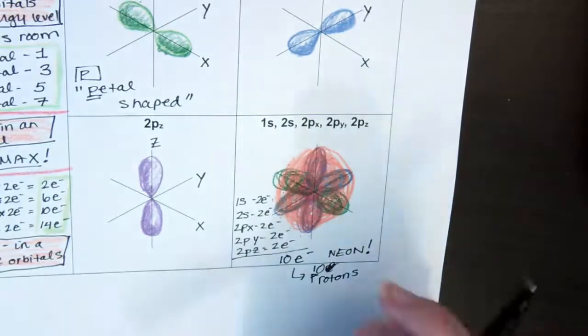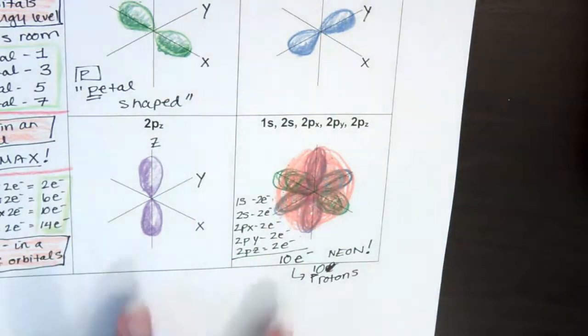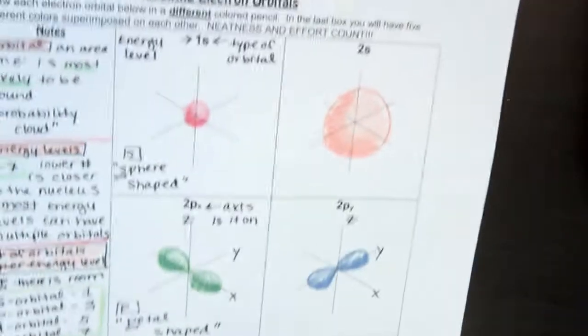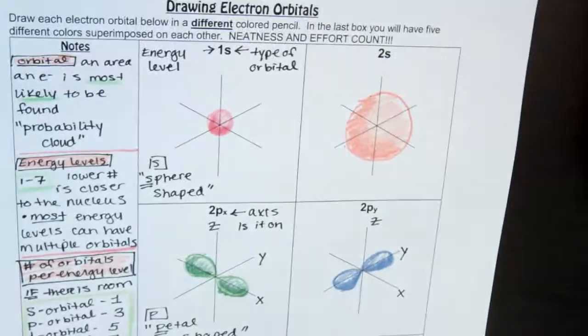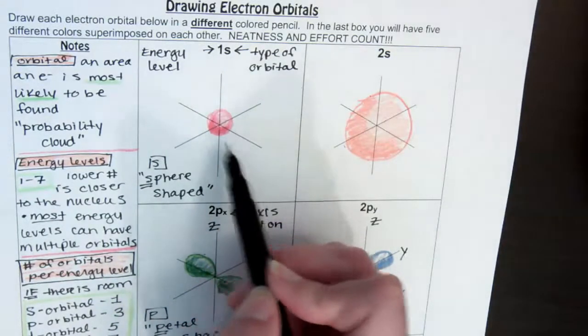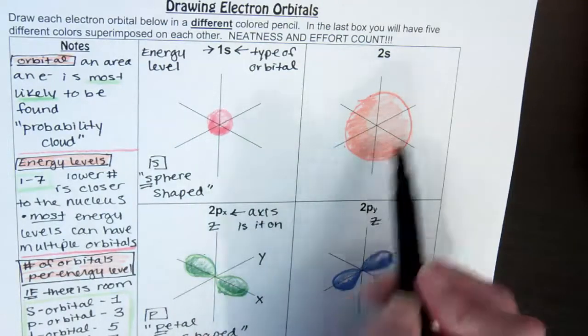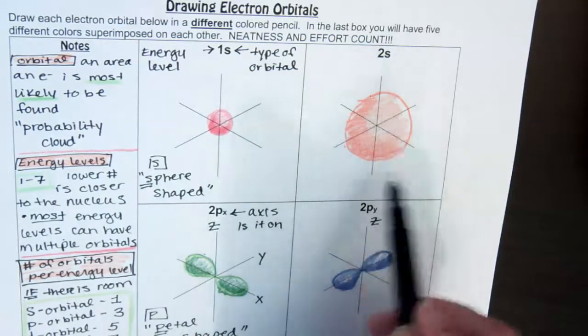So in an atom of neon, we end up with the electrons buzzing around, kind of like bees around a beehive. They move randomly all over the place in crazy little directions, and they tend to fall in these shapes.